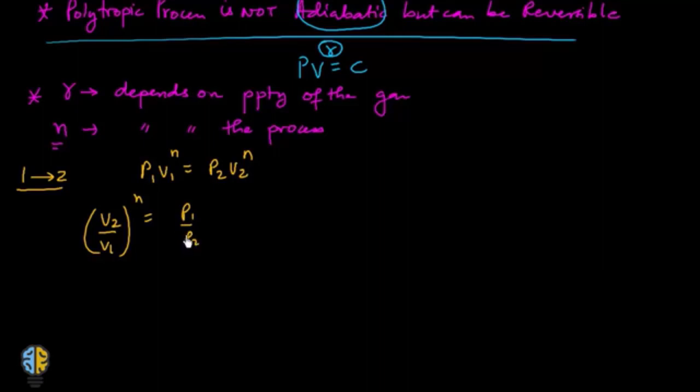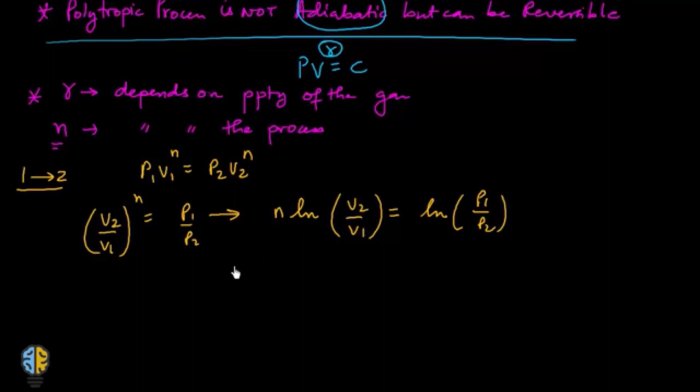So let's take log on both the sides. You'll have n times ln(V2/V1) equal to ln(P1/P2). From this, I can say that the value of n is equal to (log P1 minus log P2) divided by (log V2 minus log V1).